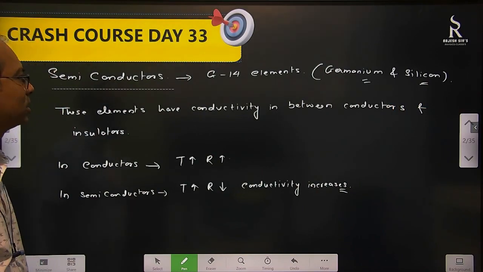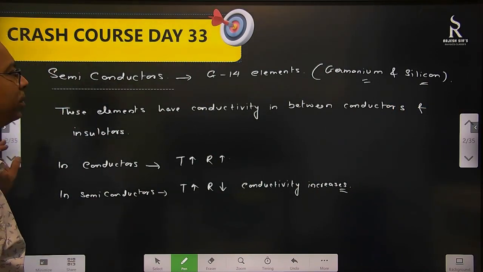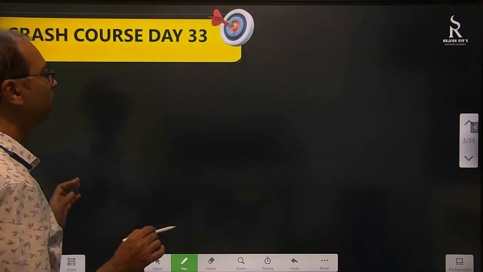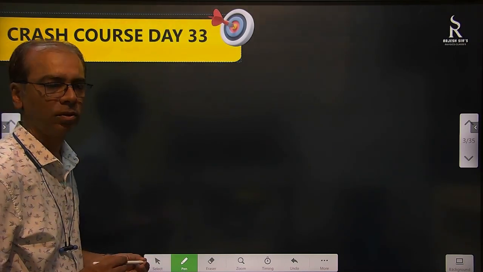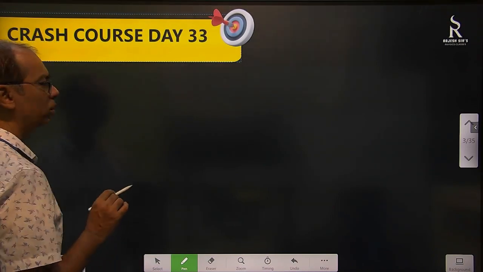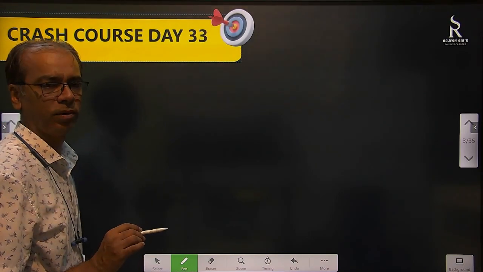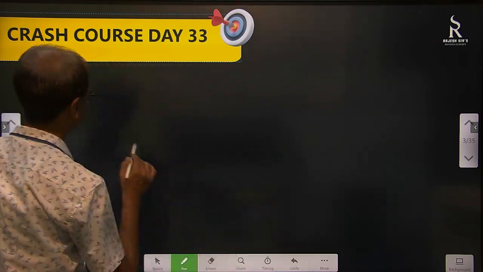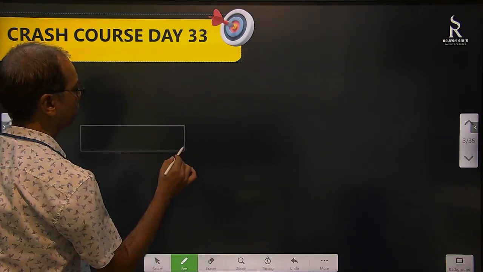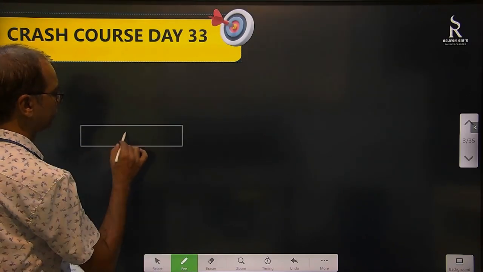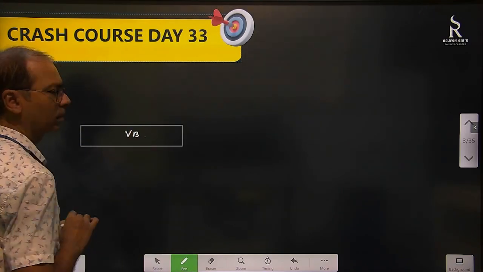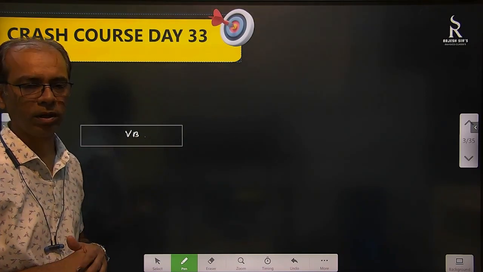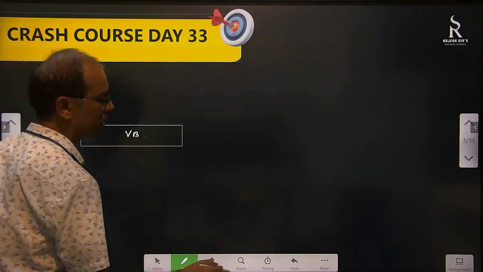So in semiconductors, actually what happens? Or for that matter, if we define conductors or semiconductors or insulators, the outermost electrons mostly are found in the valence band. Suppose this is the valence band; mostly electrons will be found here, and above this we have a conduction band.